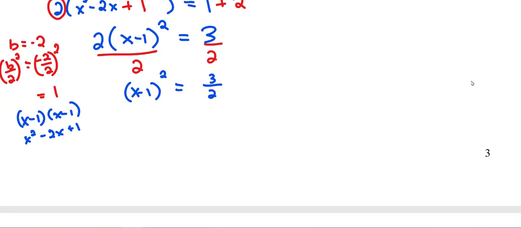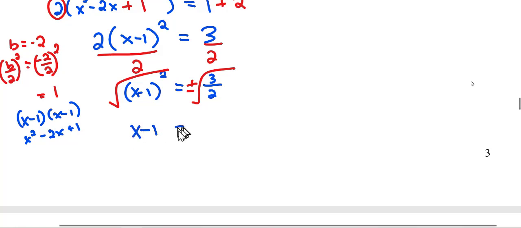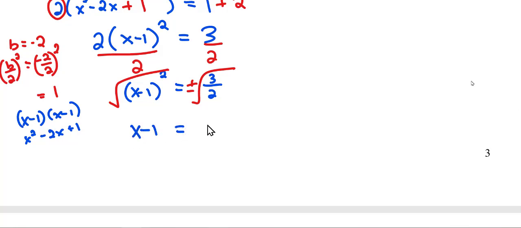And we square root both sides. And we end up with x minus 1 is equal to plus or minus the square root of 3/2.